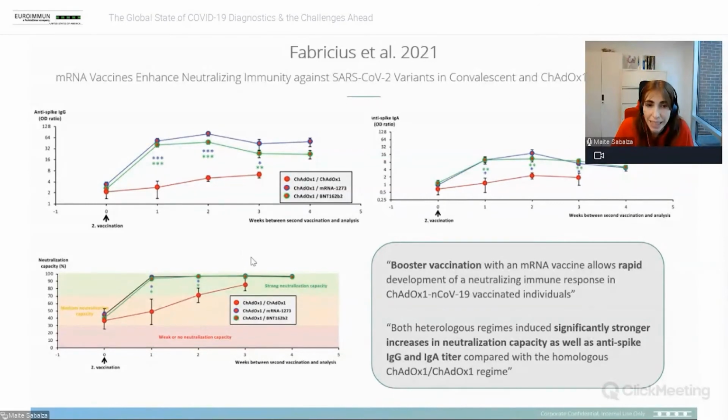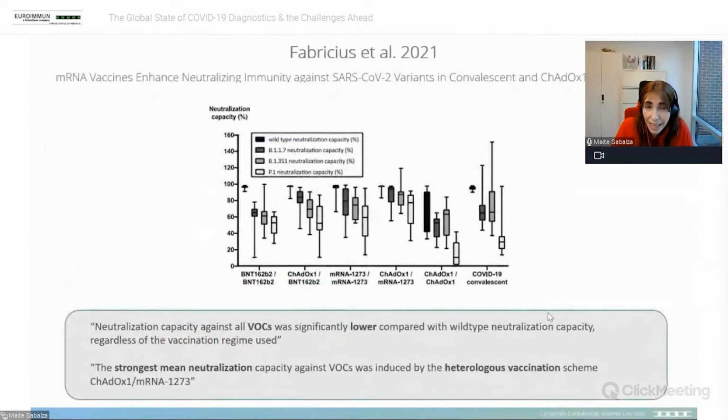In this study, they also investigated the neutralization capacity of the different vaccines, as well as different combinations of the vaccines, against the variants of concern. So here we have the results for the neutralization capacity against the wild type and the alpha, beta, and gamma variants, and the different types of vaccines used, as well as only infected individuals.